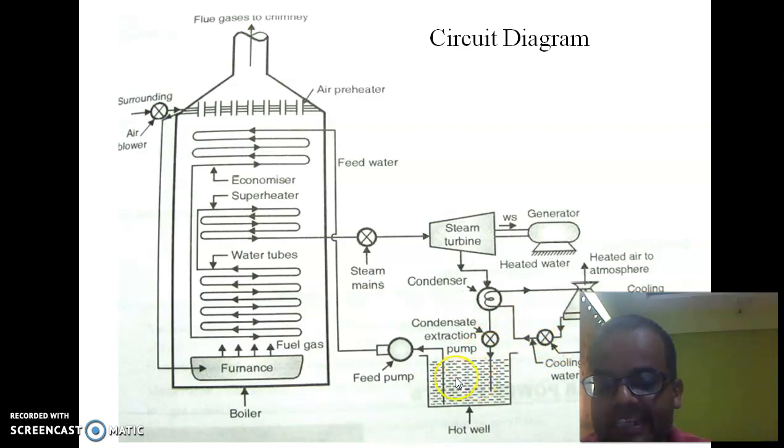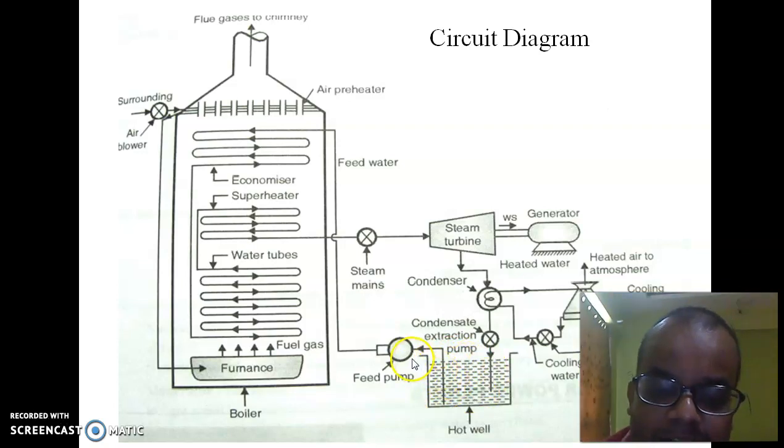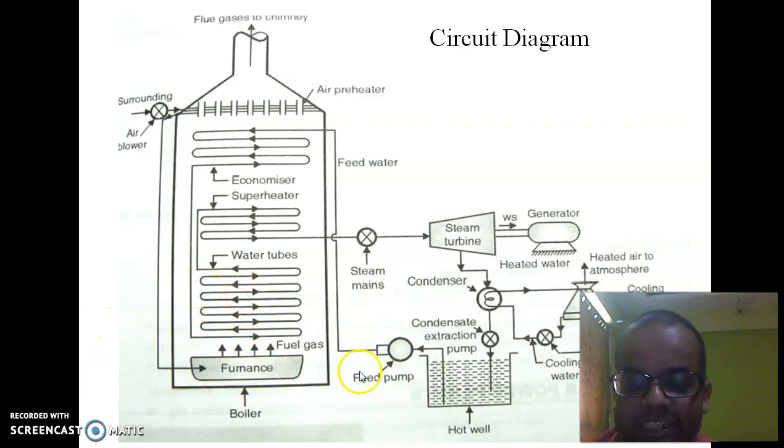Here the heat is extracted, and that water is stored in this hot well and recirculated using this feed pump, and the same process takes place again. So this is the working of the thermal power plant. I hope you understand that.